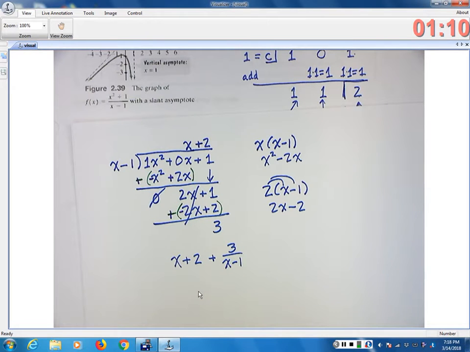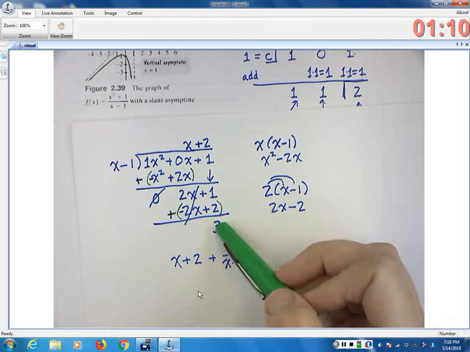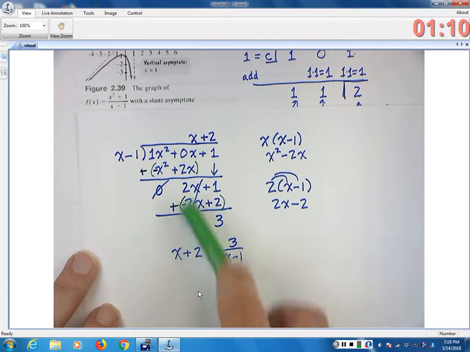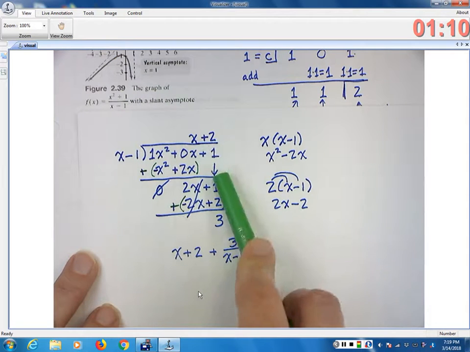Oh, no. I'm supposed to get 2. I don't know. I made a mistake, guys. And I'm too tired to figure out what it was. I don't know if you see it, but I brought down the 1.